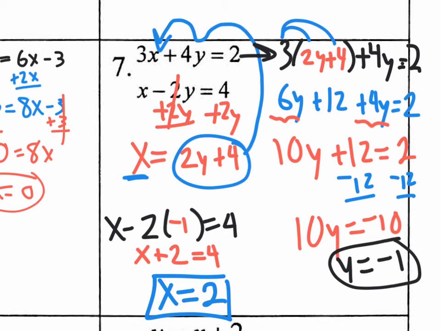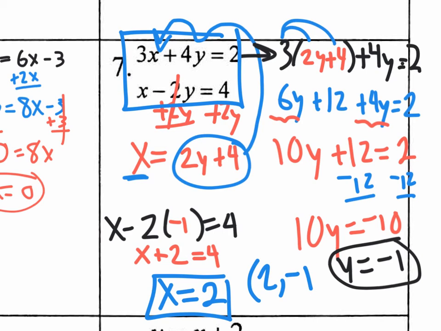So my final answer for this original system, in coordinate format, would be 2 comma negative 1. If you have time on a quiz or test, take the x value of 2 and the y value of negative 1 and plug them in for x and y and see if it really does give you a true statement, which it does.